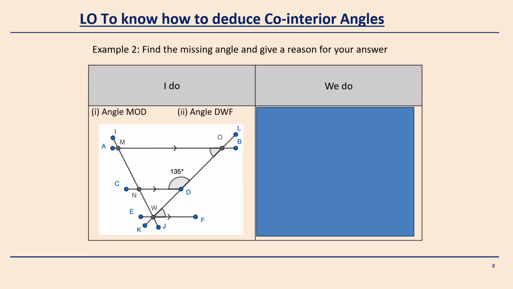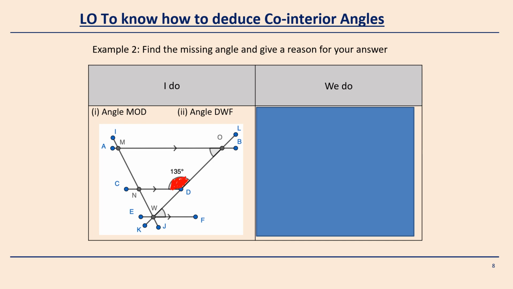Example 2. Find the missing angle. You're going to need a few moments just to investigate this. There's quite a lot going on, so we need to take our time and look at what's going on. This one I'm going to colour in red. We're told that that's 135 degrees.